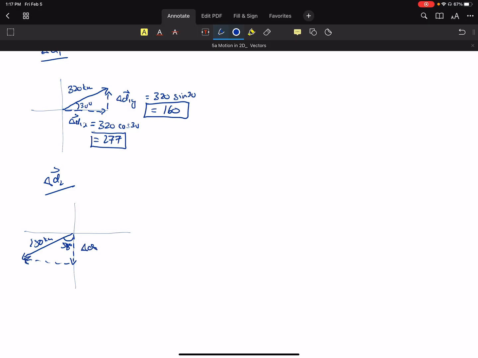So this is my delta d2y. This is my delta d2x. Now this one's 150 cos 58 because it's the adjacent side. This is going to be 150 sine 58.